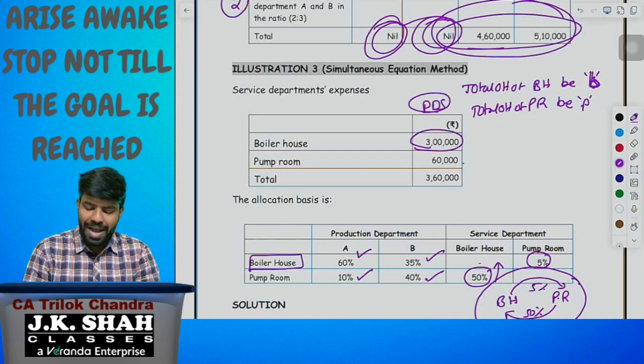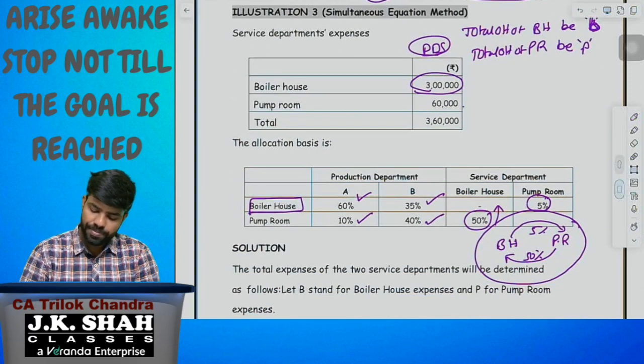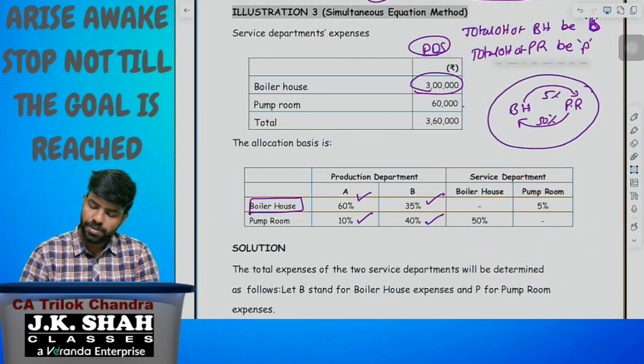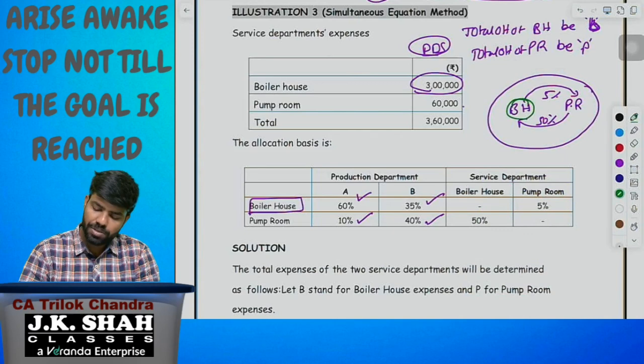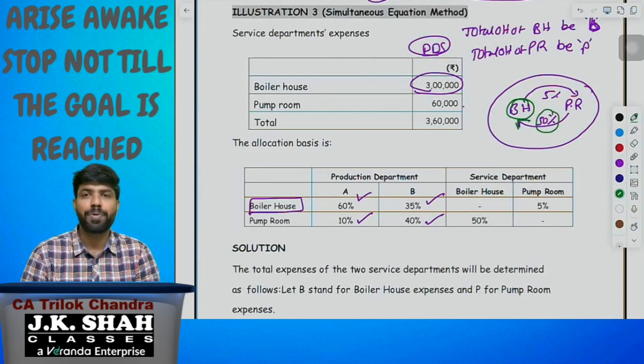But boiler house is taking, look at this chart. Boiler house is taking 50% service from pump room.